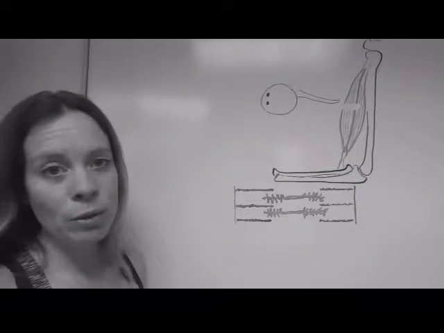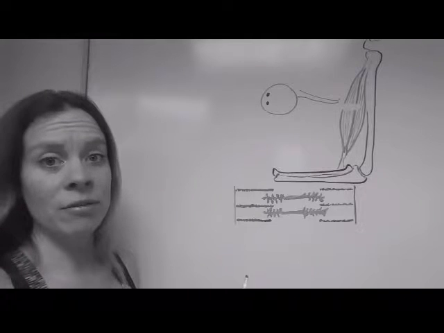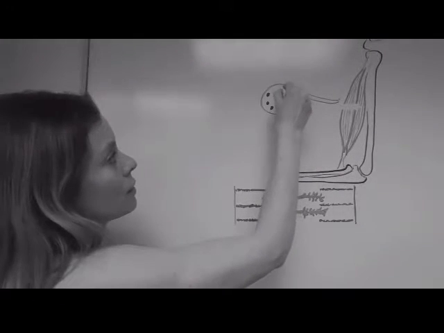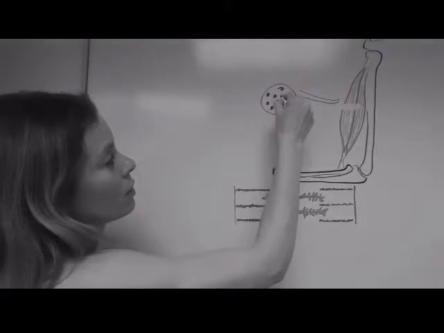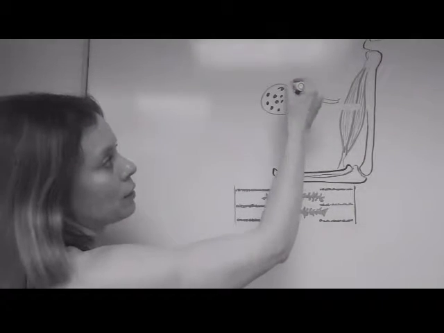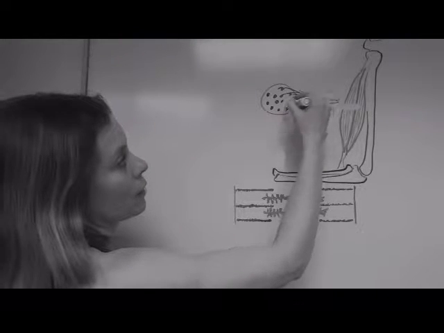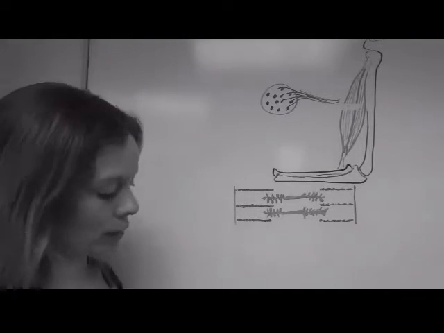You also have protein that doesn't contract, more like filler protein. So let's pretend that these are inside of our muscle cell, and remember that these run the whole length. Just keep imagining that.